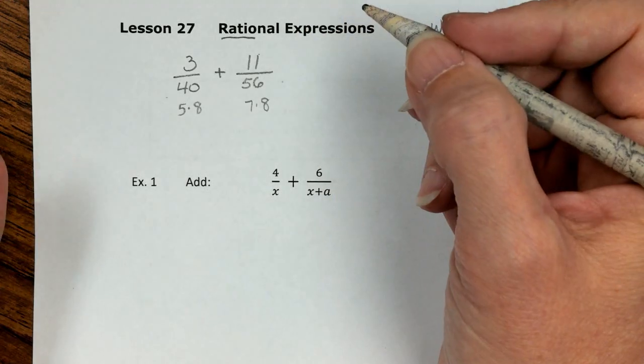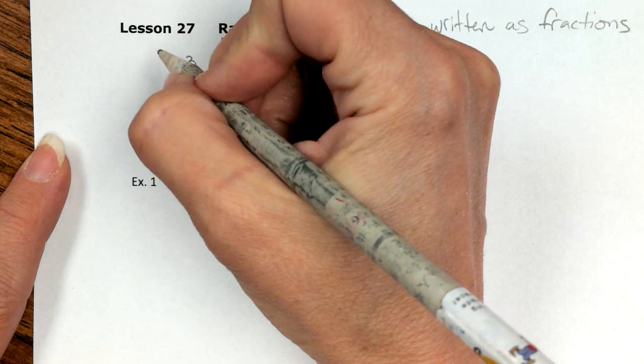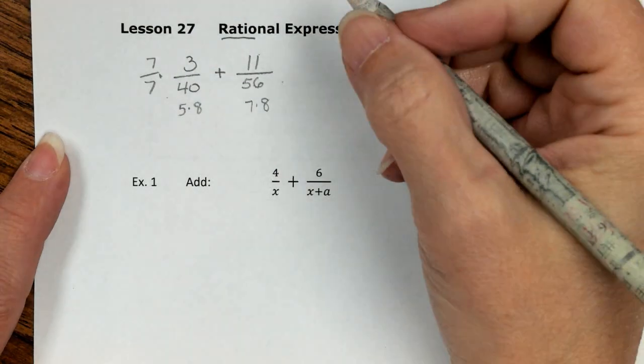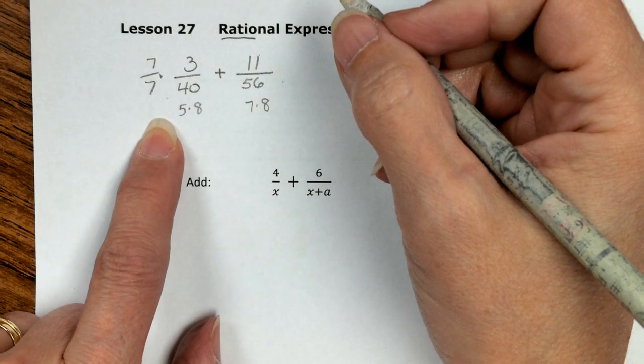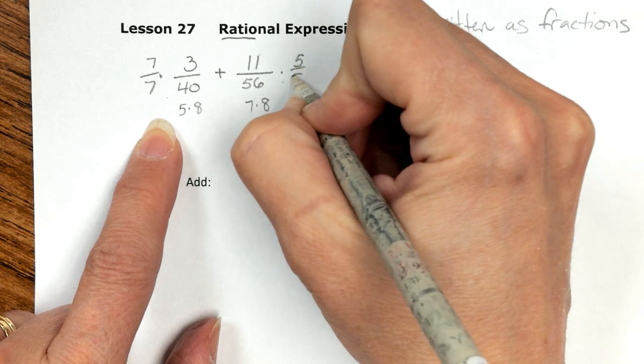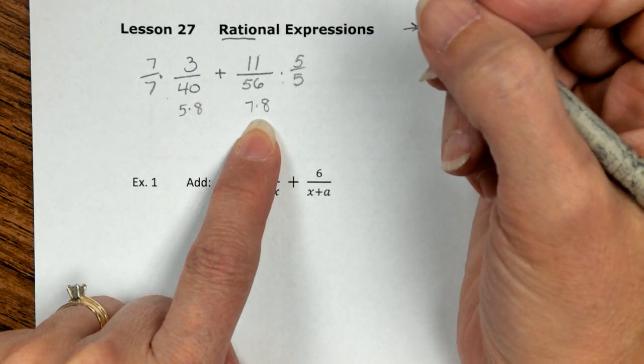So instead of really big numbers by multiplying by 56 and 40, I'm just going to multiply this one by 7 over 7. Then we have 7 times 5 times 8 in our denominator. And this one times 5 over 5, because again, 5 times 7 times 8 in the denominator, so that they will be equal denominators.